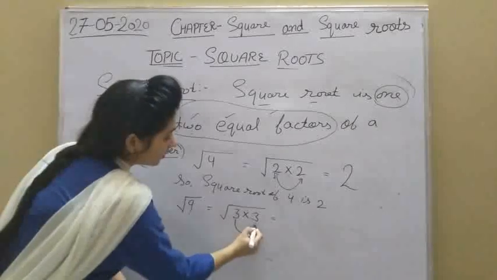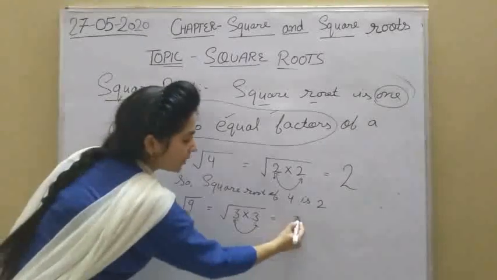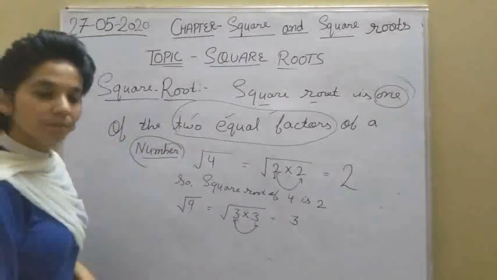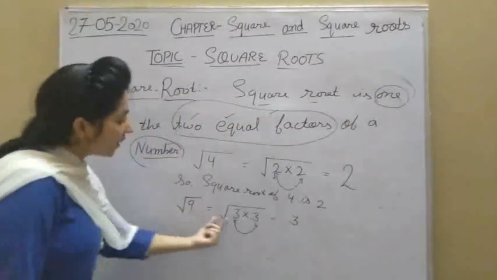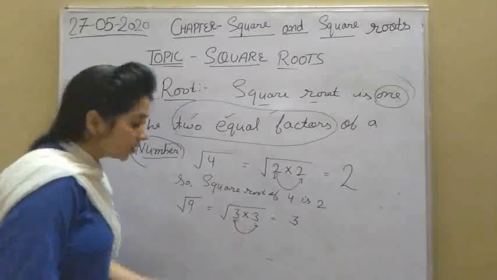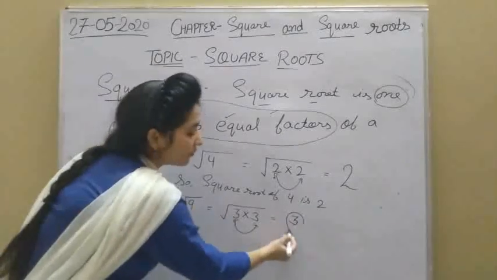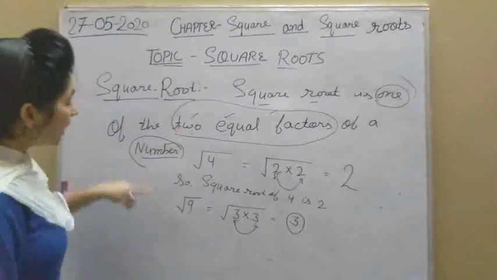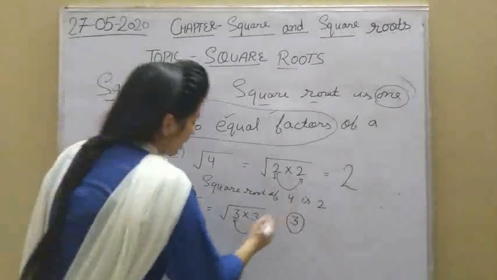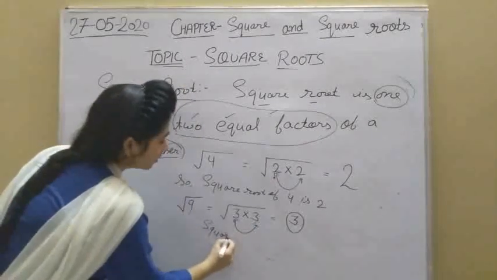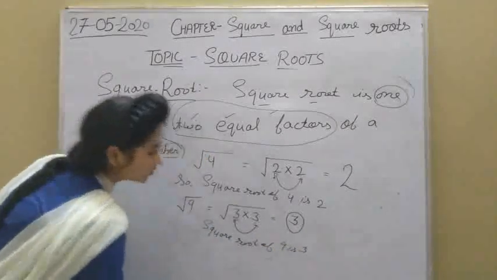Then one of the two equal factors of a given number, जो भी इन दोनों इक्वल फैक्टर में से जो एक फैक्टर हम बाहर निकालेंगे, इट विल बी द स्क्वायर रूट ऑफ द गिवन नंबर. सो हियर द स्क्वायर रूट ऑफ 9 is 3.